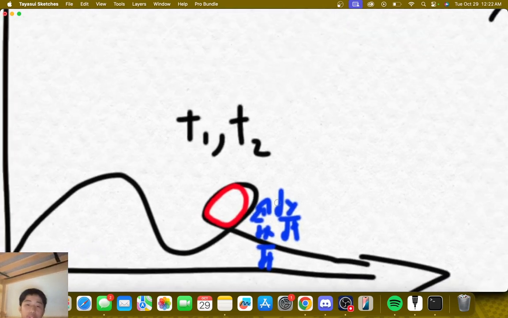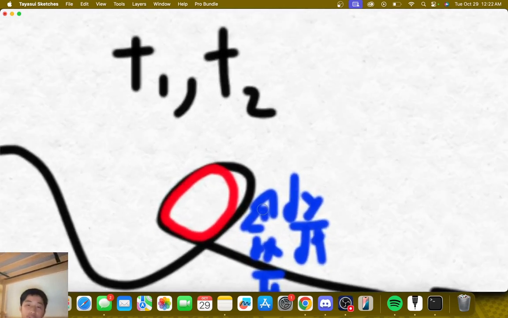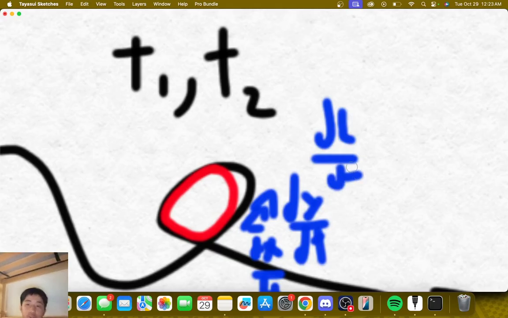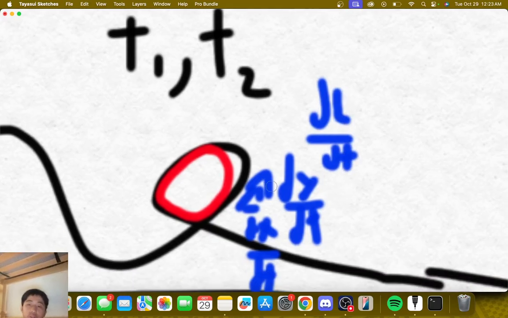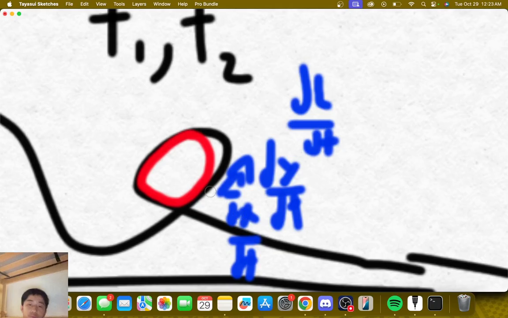So it's basically saying that the length right here, this length dl over dt, this length over a certain time, is equal to dy over dt squared plus dx over dt squared.